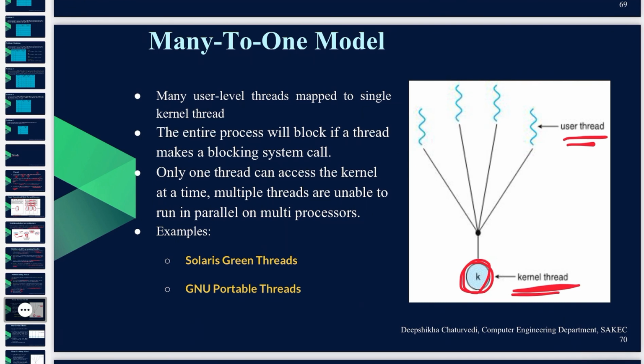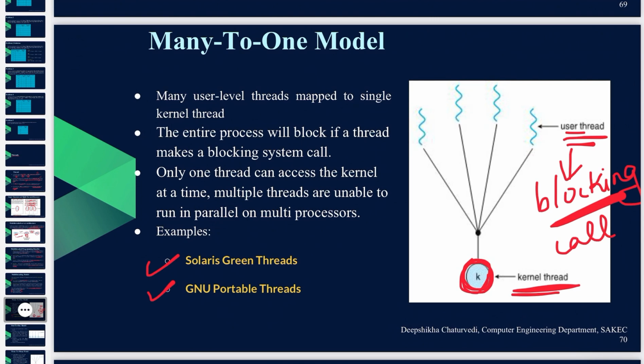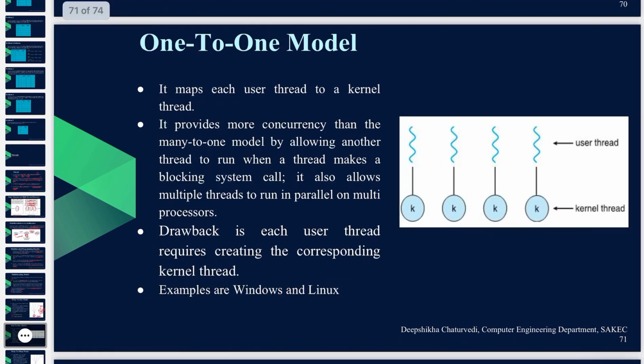The entire process will block if a thread makes a blocking system call, because this one kernel thread is connected to many user threads. Only one thread can access the kernel at a time, and multiple threads are unable to run in parallel on a multiprocessor system. Examples are Solaris green threads and GNU portable threads.